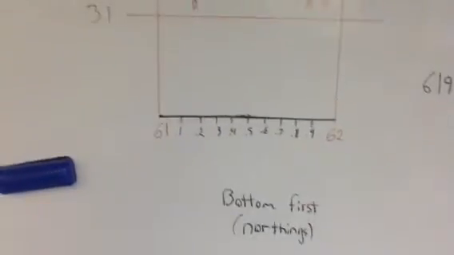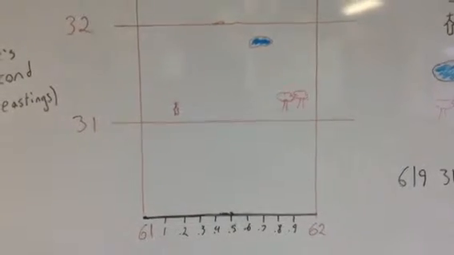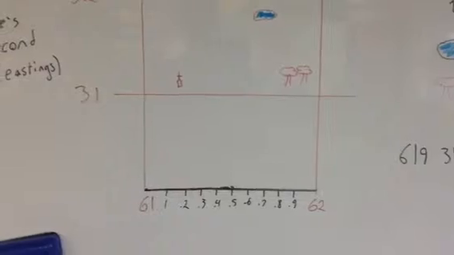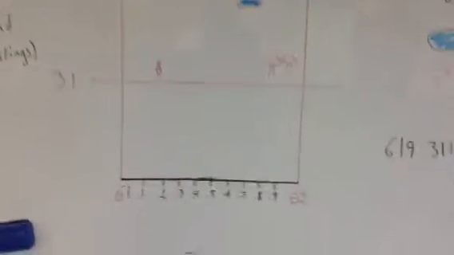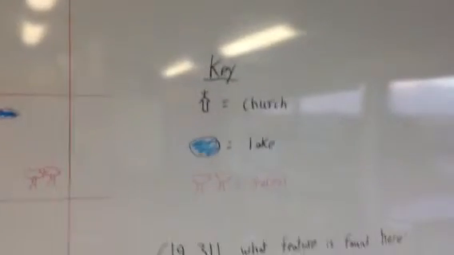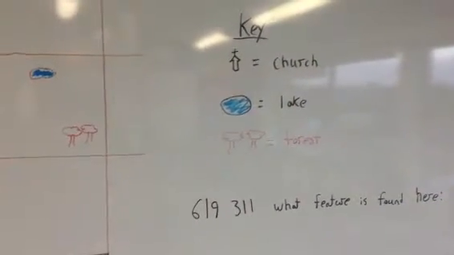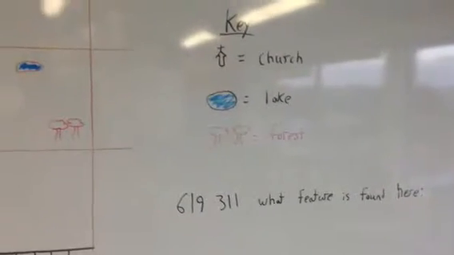So let's say we want to find the grid reference for the church. To know what the feature is, you have to look at your key. In a map, or if you have a grid reference question in your exam, they're going to give you a key.